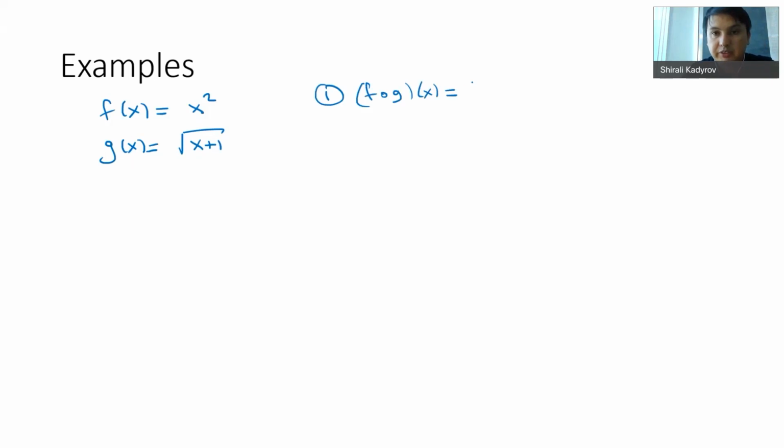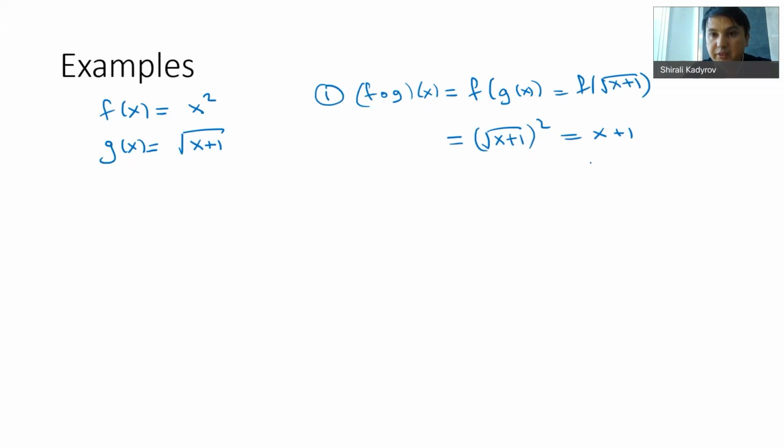What is this? Well, by definition, this is f of g of x, which is f of, what is g of x? Well, it's square root of x plus 1. But what my f does, it squares everything. So I need to square this square root of x plus 1. So it becomes simply x plus 1. So my f of g is just x plus 1.